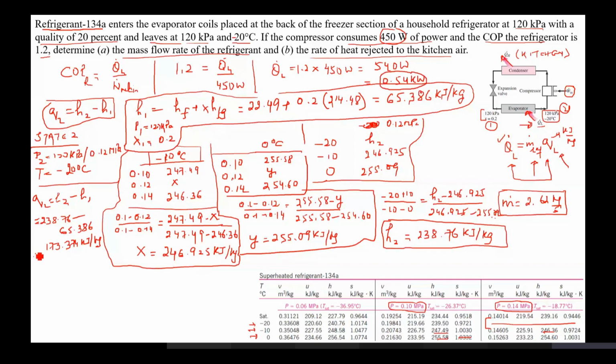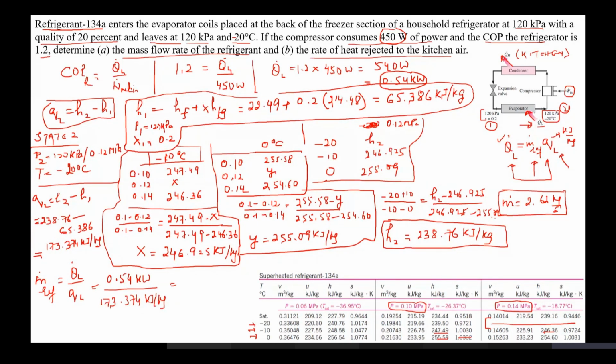All right, now you have the Q dot L also given to you, which is 0.54 kilowatt, and small QL is also known to you. So the mass flow rate of the refrigerant would be Q dot L divided by QL, which is 0.54 kilowatts divided by 173.374 kilojoules per kg.